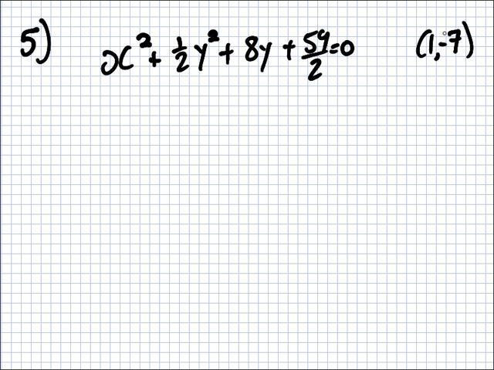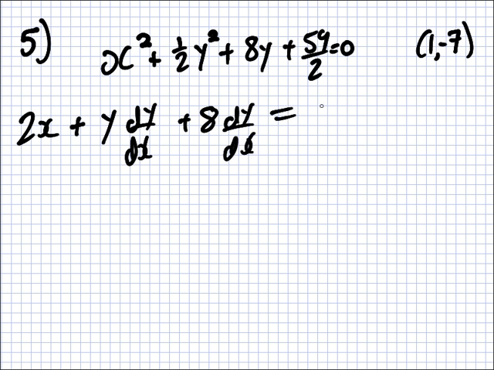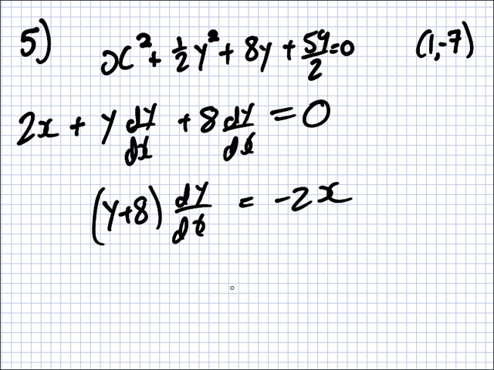Okay, so what I need to do here is differentiate. Derivative of x squared, 2x. A half y squared, y dy dx. 8y, 8 dy dx equals 0. So that's y plus 8 dy dx equals minus 2x. So that's dy dx equals minus 2x over y plus 8. But x is 1. That's minus 2.